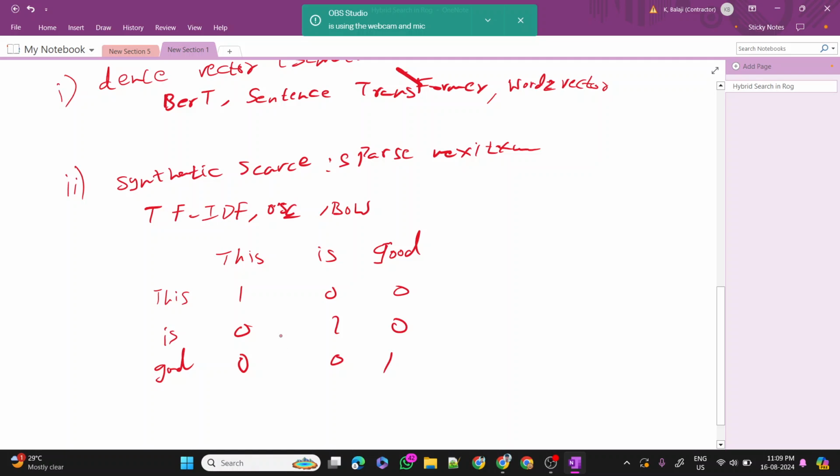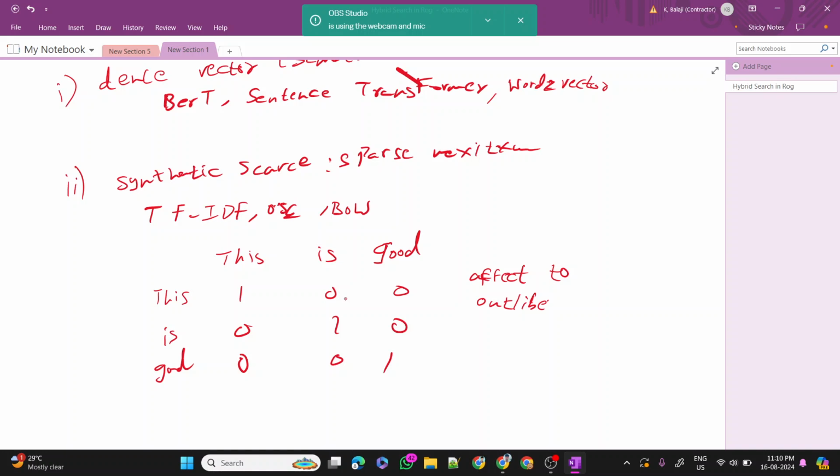The biggest disadvantage of this sparse matrix is that it will be affected by outliers, because of the zeros and ones.